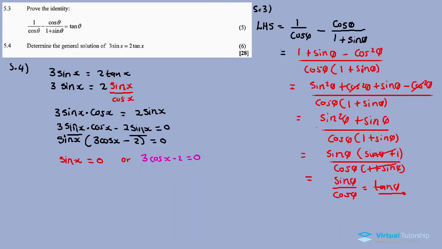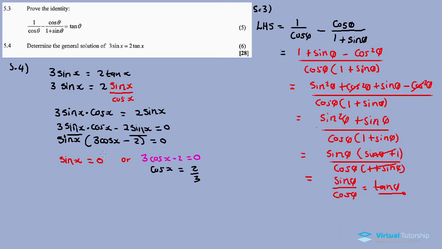Then we apply the zero factor law, we say sine x is equal to 0, or 3 cos x minus 2 is equal to 0. So here cos x is equal to 2 over 3. Then we find our reference angles, then we find our solutions.